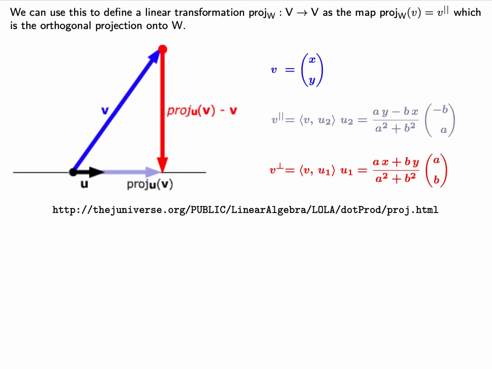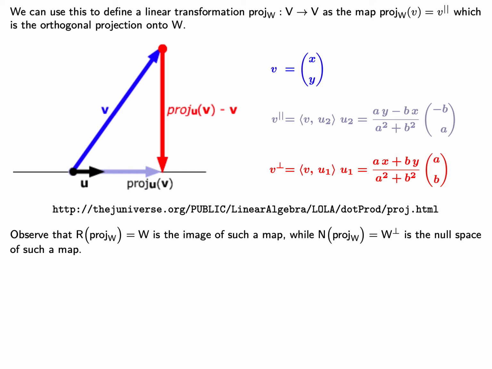Again, V perpendicular here should be at 90 degrees to the line W, so V perpendicular must lie on what we're calling the line W perp. You can see here that really we have a right triangle. The point is that the blue line is our original vector V, and we're trying to take our blue line and deconstruct it into two different parts. First, we have the periwinkle, V parallel, and then we have the red, V perp.